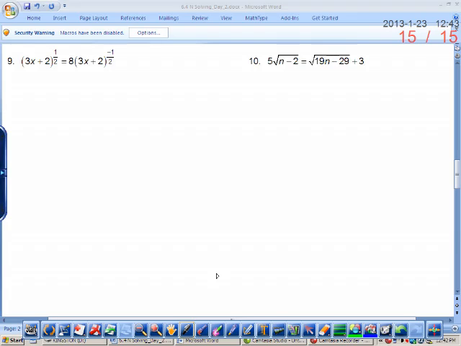Okay, what does that negative 1/2 power do? Makes what go where? Okay, so the base is going to go to the denominator. So this is going to be 3x plus 2 to the 1/2.